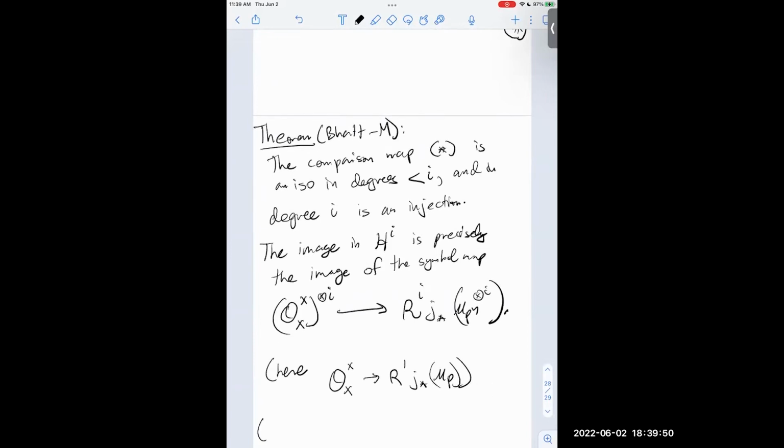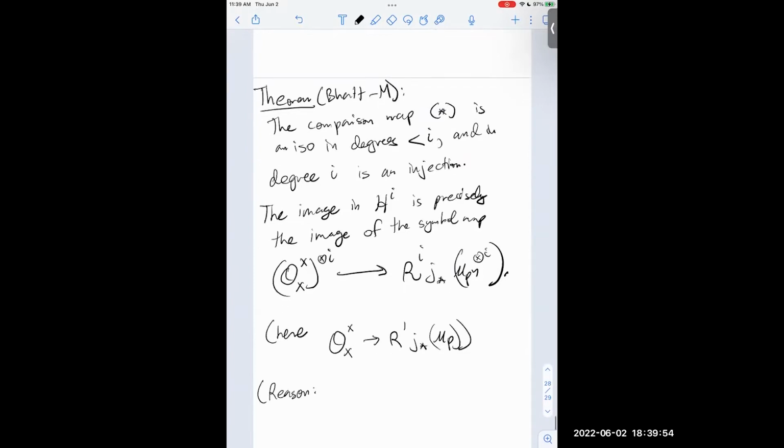And so roughly, heuristically, the reason for that is that if you have a local unit on X, then that defines a class in H^1 syntomic. And so you can cut them together and define classes in H^i of weight i syntomic. And then the fact is that those H^i of weight i are all generated by symbols.